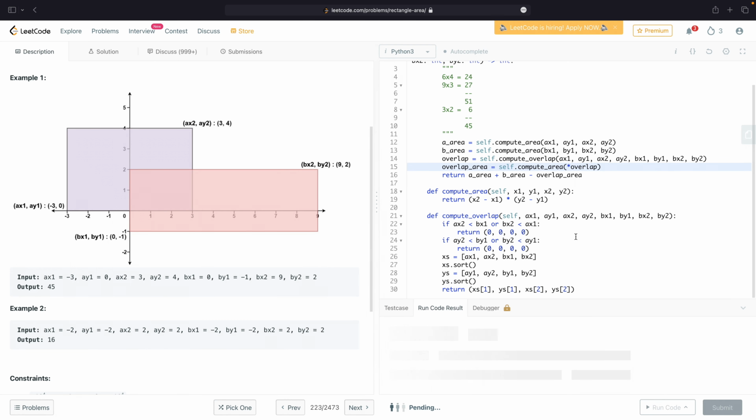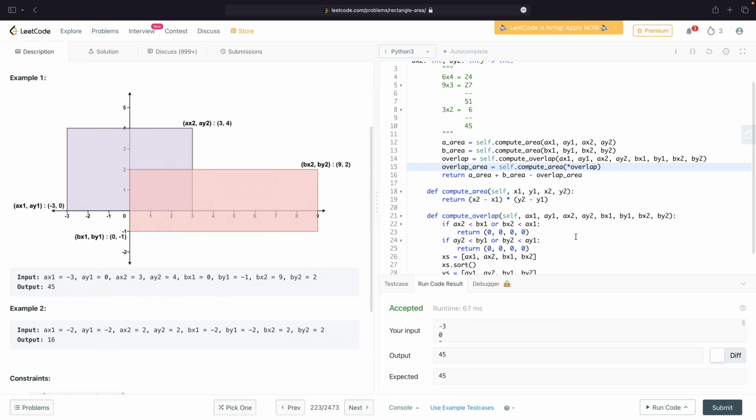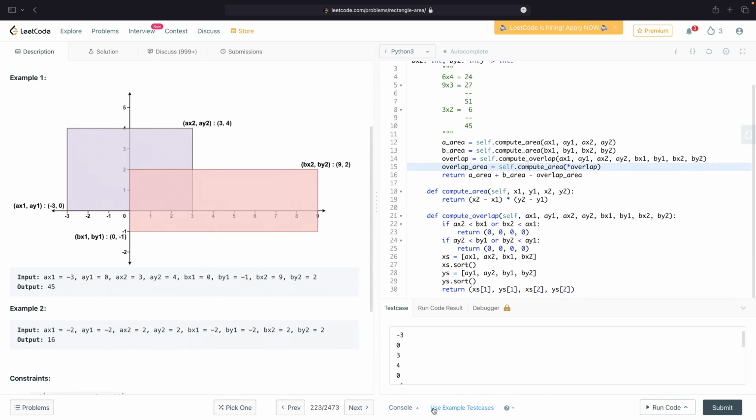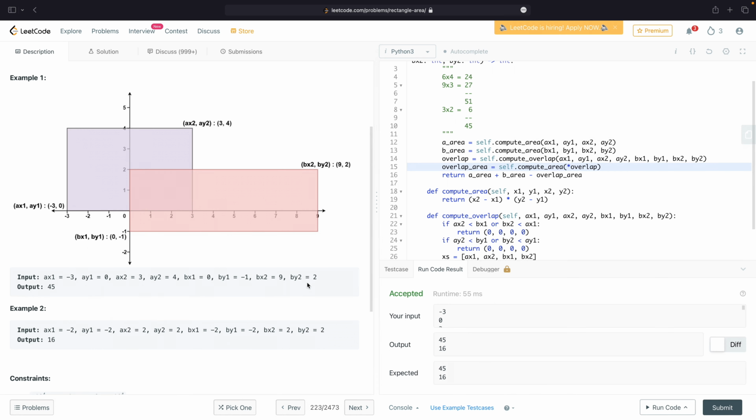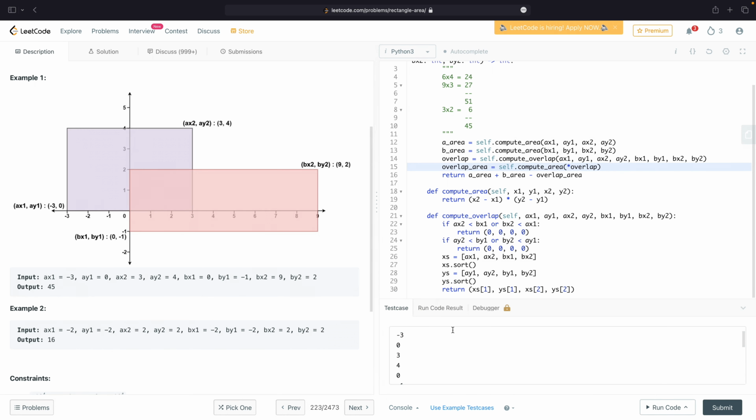Right. That seems to work. Let's use all the example test cases. Perfect. Now let's do another one. Let's say I want to go from -3, 0 up to -1, 3.